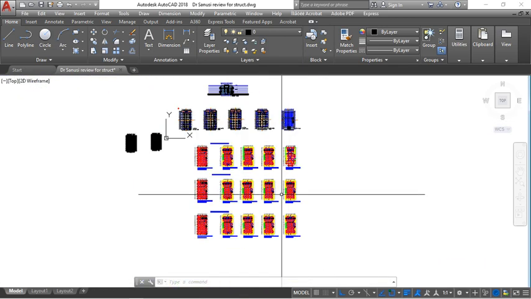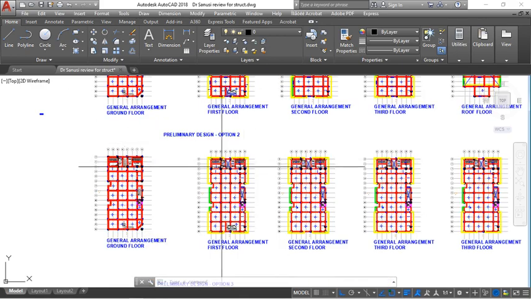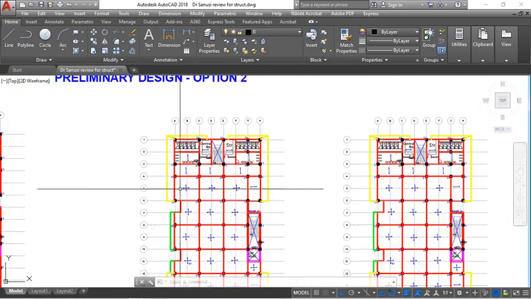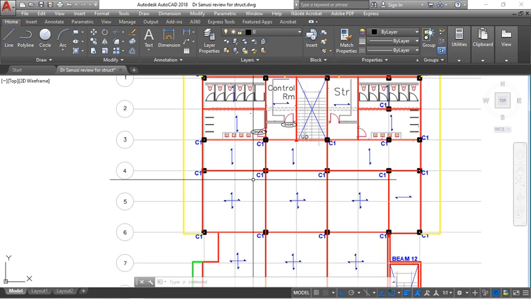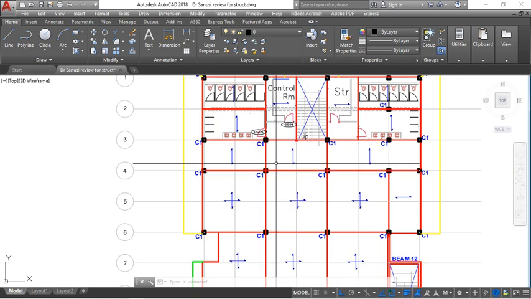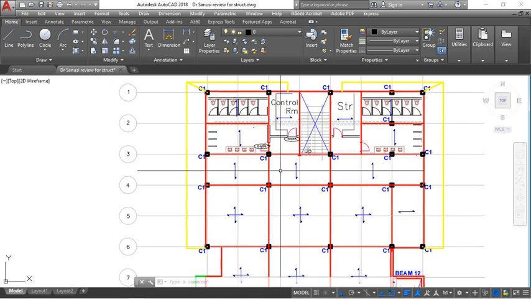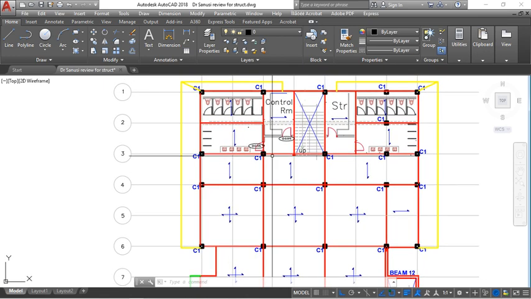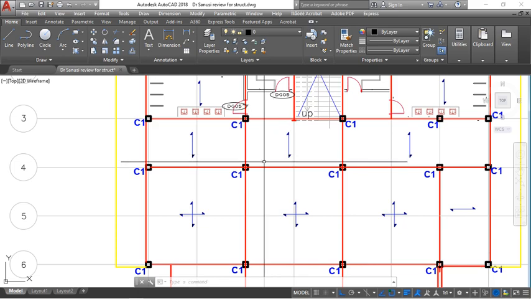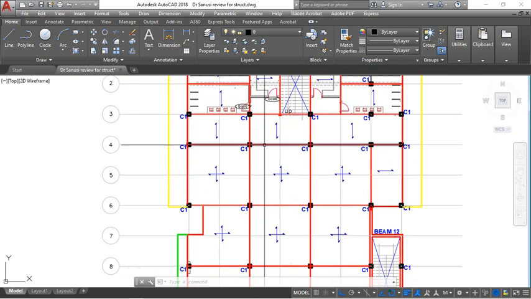So going to option two, which is a flat slab kind of construction, because like I said, if it were to be in other climes where construction is standardized and equipment is readily available, then this option would have been another viable option.